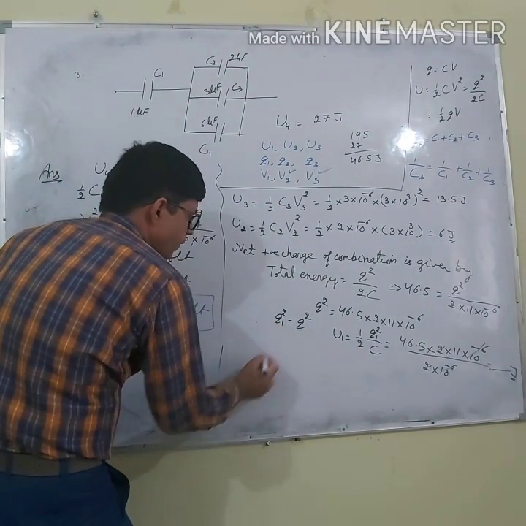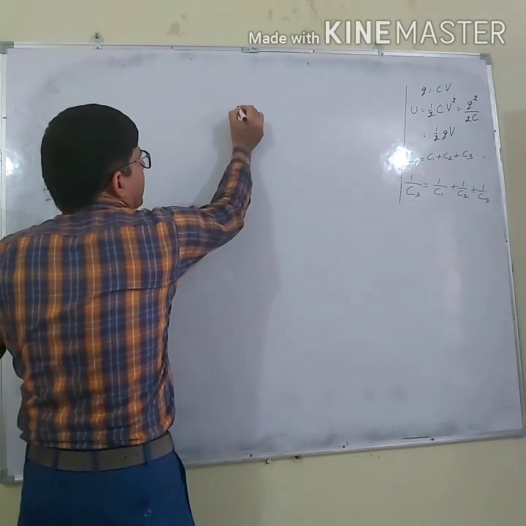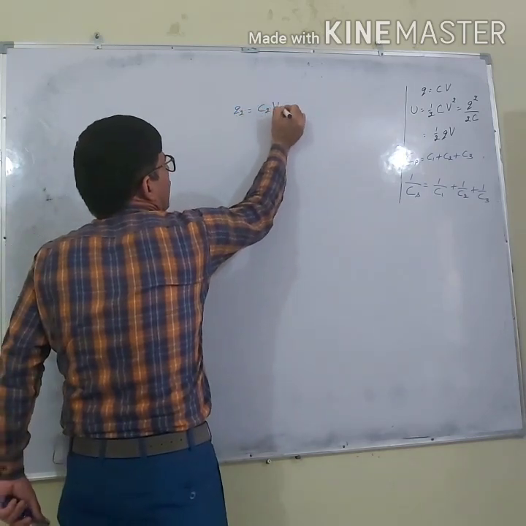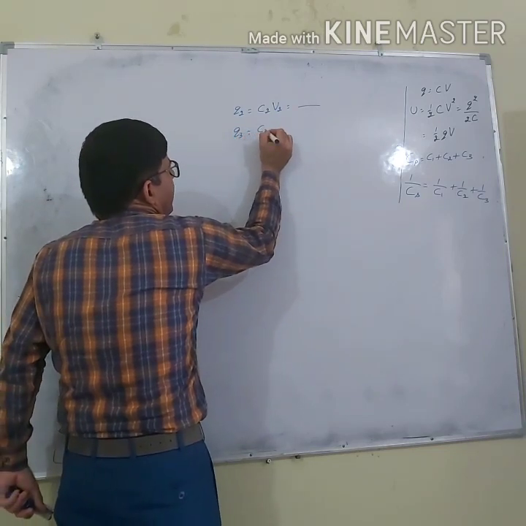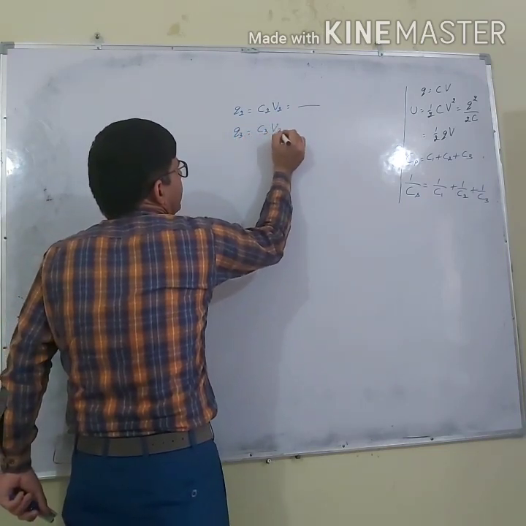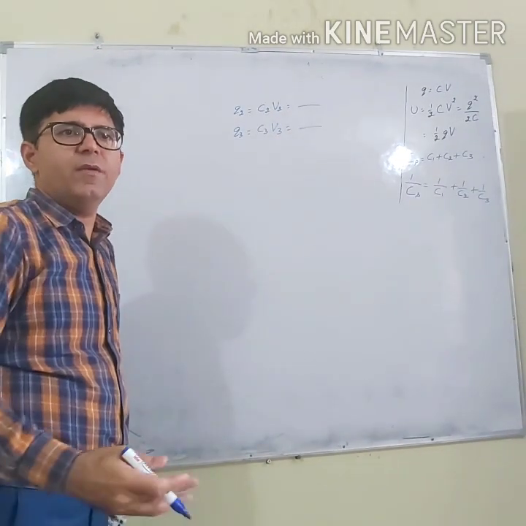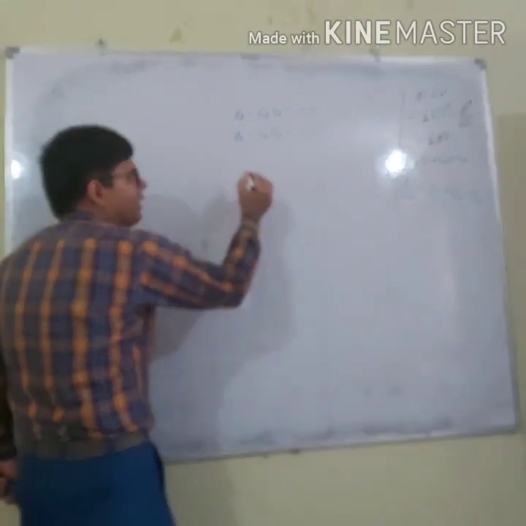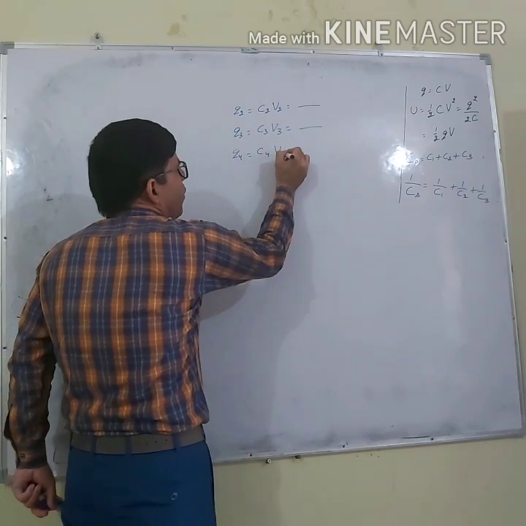Now Q1 we can calculate, Q2 by the formula C2 V2, Q3 by C3 multiplied by V3, and even Q4 by the formula C4 V4.